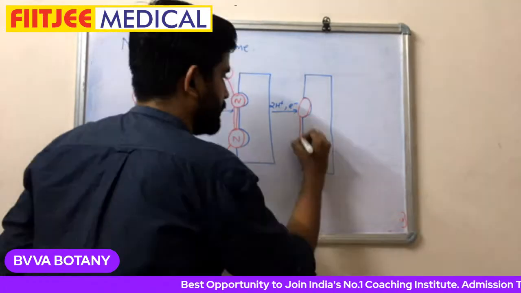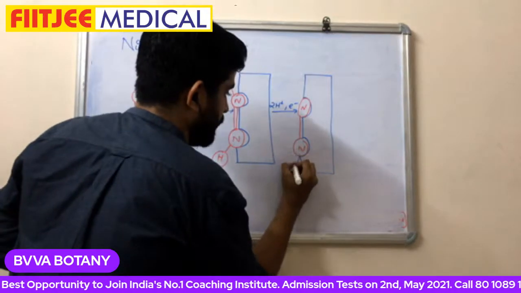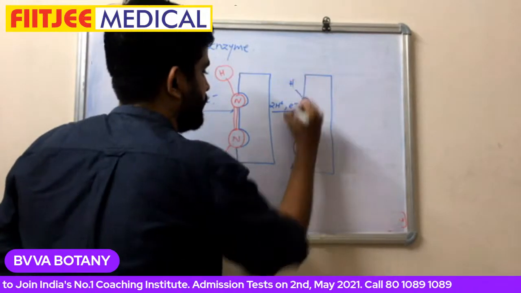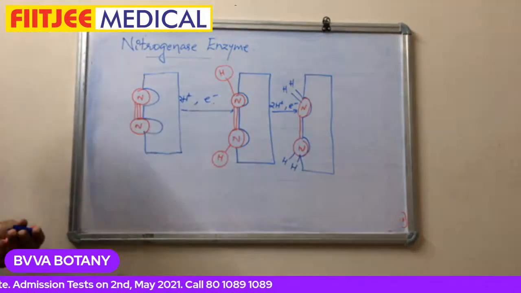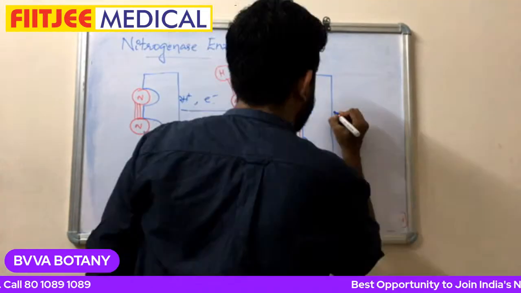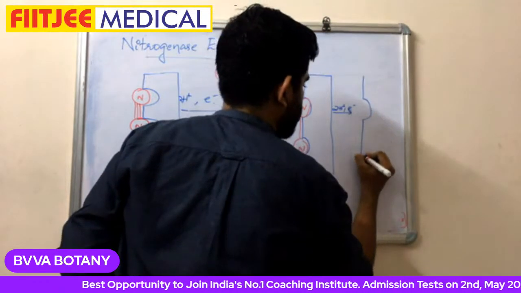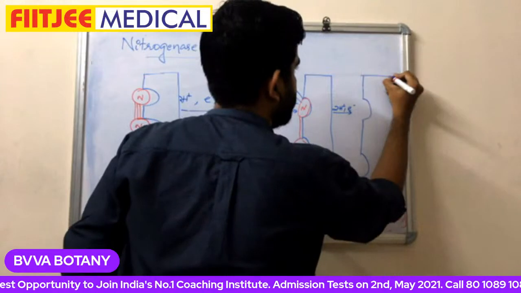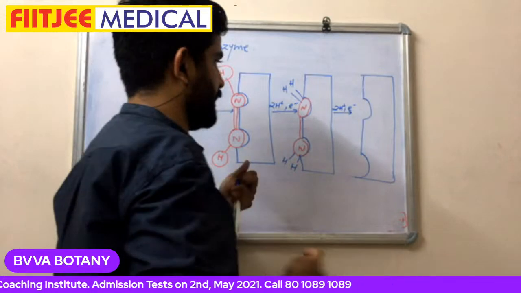One. Previously, one hydrogen was there. Now, additionally, another hydrogen is also added. Again, 2 H plus and electrons are added, so again the nitrogenase activity continues. Now the bond of the nitrogen is broken.